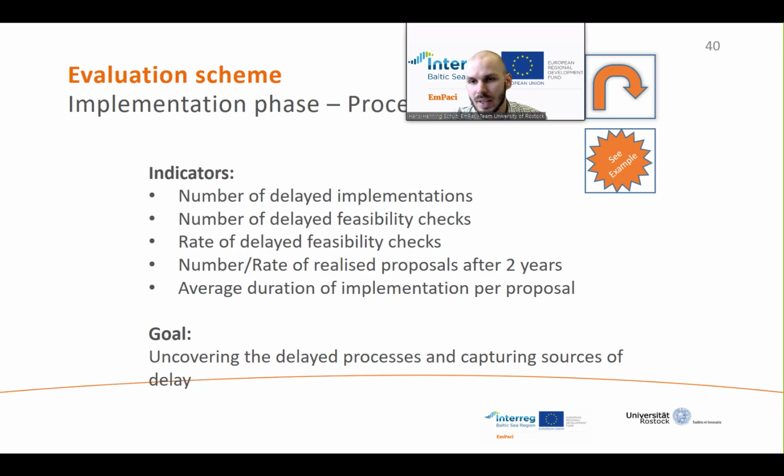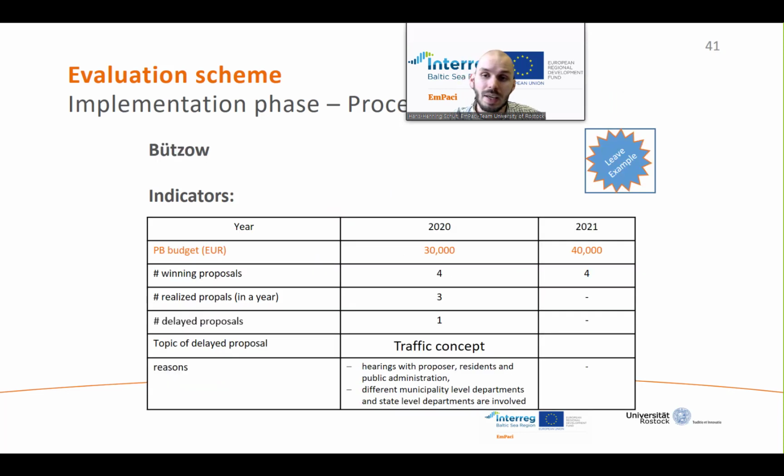The rate of delayed feasibility checks, for example, could be interesting. For Bützow, the case looks like this: we focus in the implementation on the one delayed project, and this delayed project is a traffic concept.